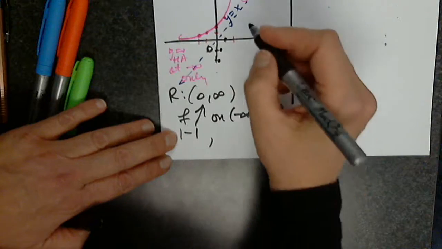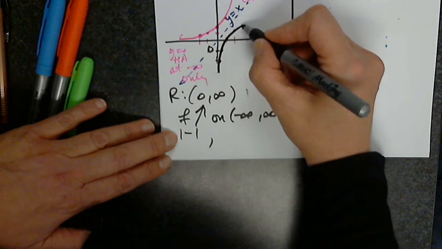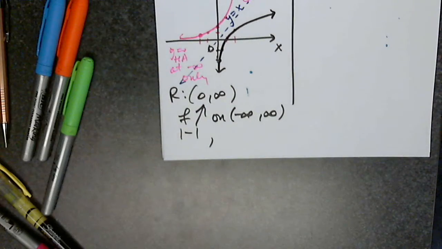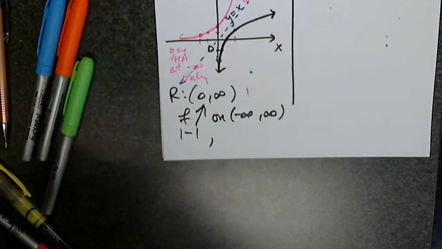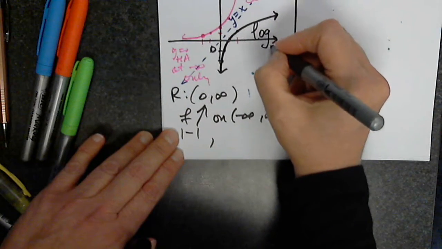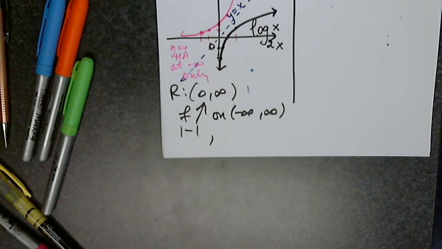Good enough. Here's the graph of F inverse. It will be denoted by log base 2 of x. The inverse function is denoted by log base 2 of x.